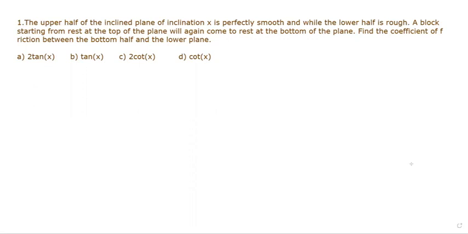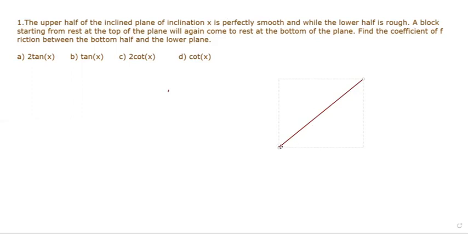So let's draw the situation over here. I consider the situation like this. So here we go, this is our inclined plane, what we are going to talk about. Let me change the colors here.